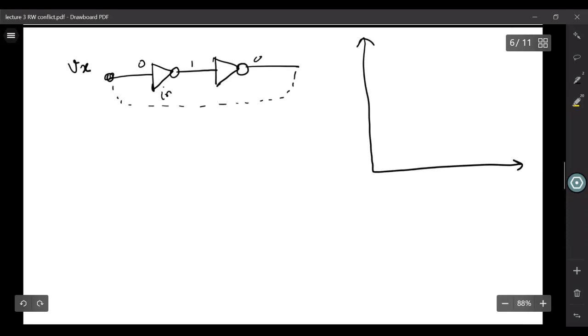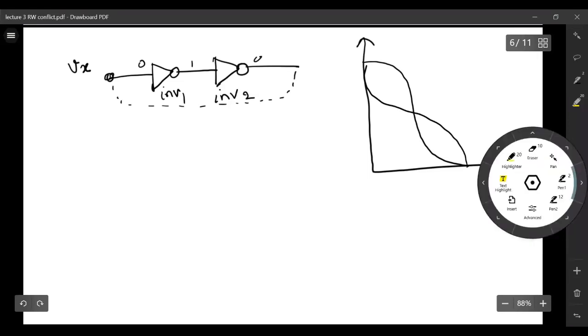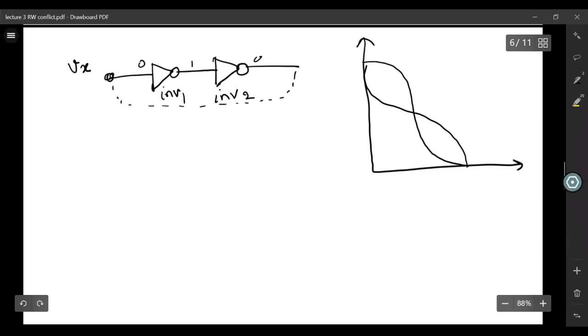Let's say this is inverter 1, this is inverter 2. So first we have drawn inverter 1 characteristics, and then we have drawn inverter 2 characteristics. Let's say this is our butterfly curve for this bistable element. Now this is V of in 1, and this is V of out 1.